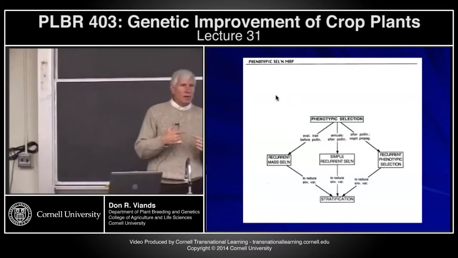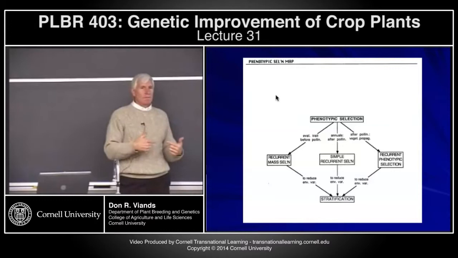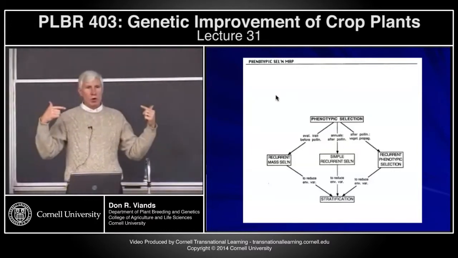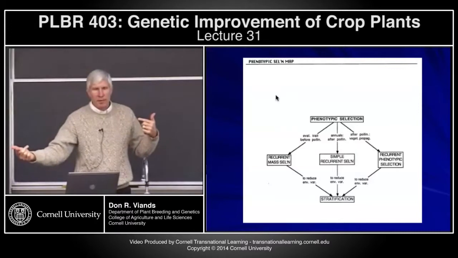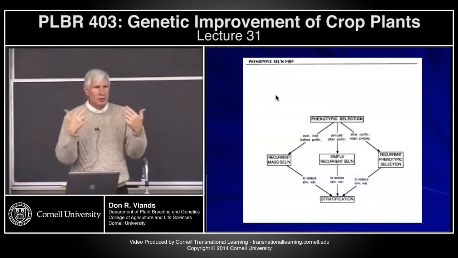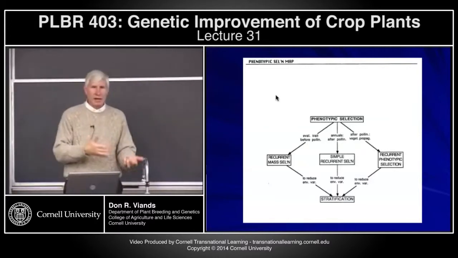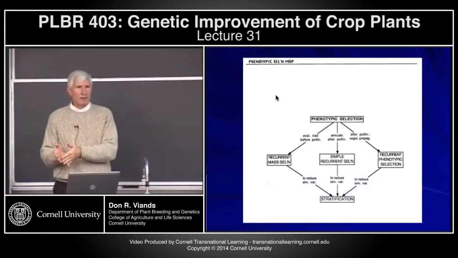Now, that can be a really good method if you're evaluating the trait before pollination occurs so that you can control the pollination. You can only allow pollination among the selected plants so that you're selecting not only the female gamete but the male gamete. So it's effective for that.